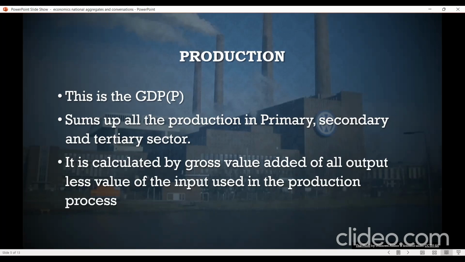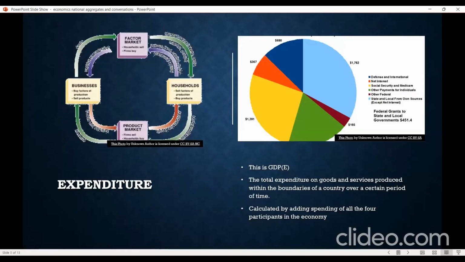Let us go to our second method, which is the expenditure method, right? Expenditure on the GDP is the total expenditure on final goods and services produced within the boundaries of the country. And it is calculated by adding all the expenditure of the four participants in the economy, right?